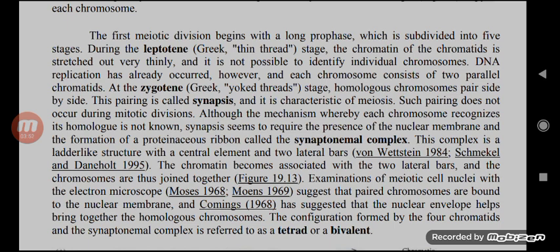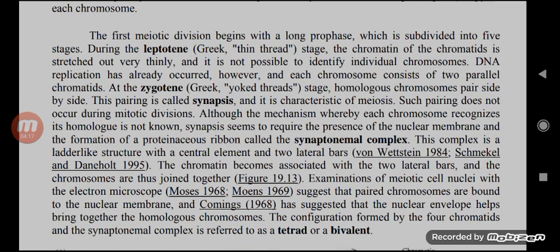This complex is a ladder-like structure with a central element and two lateral bars. Von Wettstein 1984, Schmekel and Daneholt 1995.